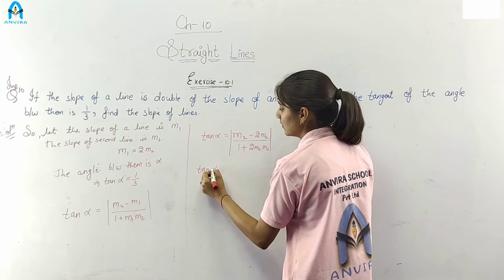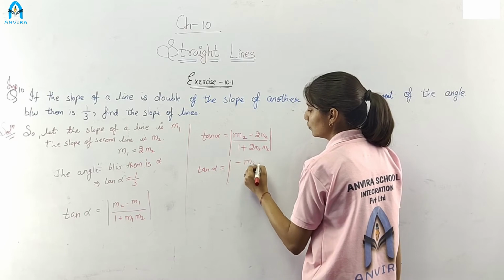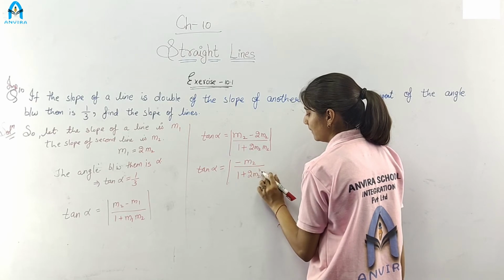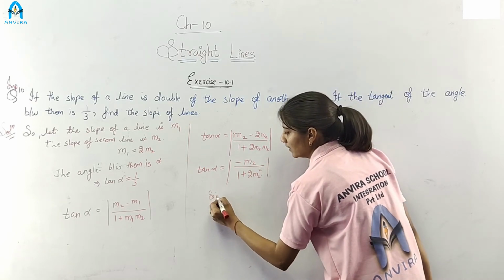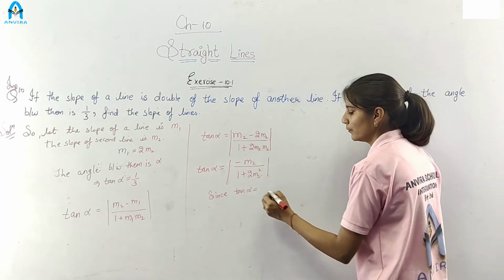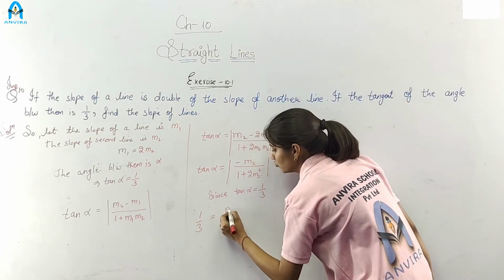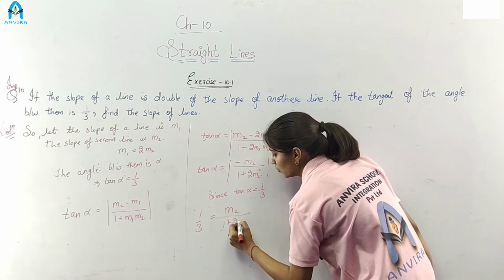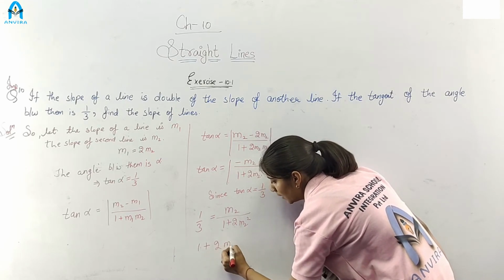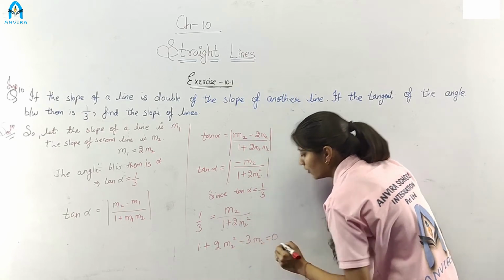So tan alpha can be written as minus m2 upon 1 plus 2m2 square. Since it is given that tan alpha is equal to 1 by 3, I can write it as 1 by 3 is equal to m2 upon 1 plus 2m2 square. So this gives me 1 plus 2m2 square minus 3m2 is equal to 0.